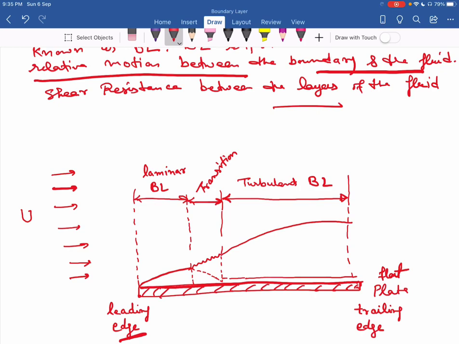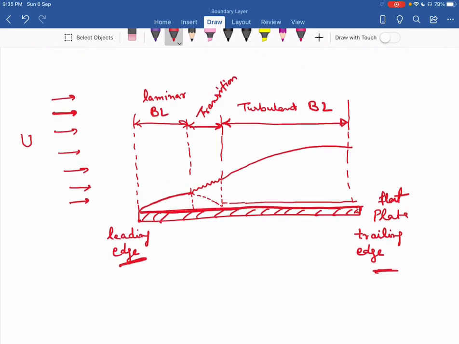Now let me write some important points regarding the formation of the boundary layer, the salient features of this boundary layer. The first important point: the edge facing the direction of flow we call the leading edge, and the edge on the rear side of the plate we call the trailing edge.